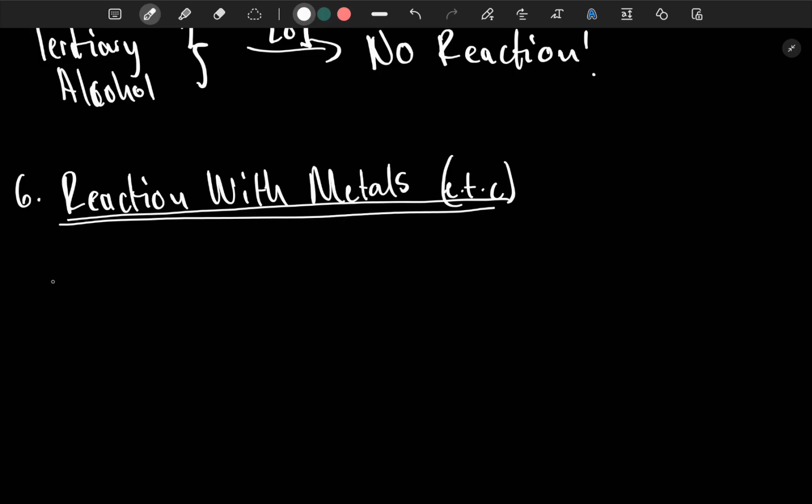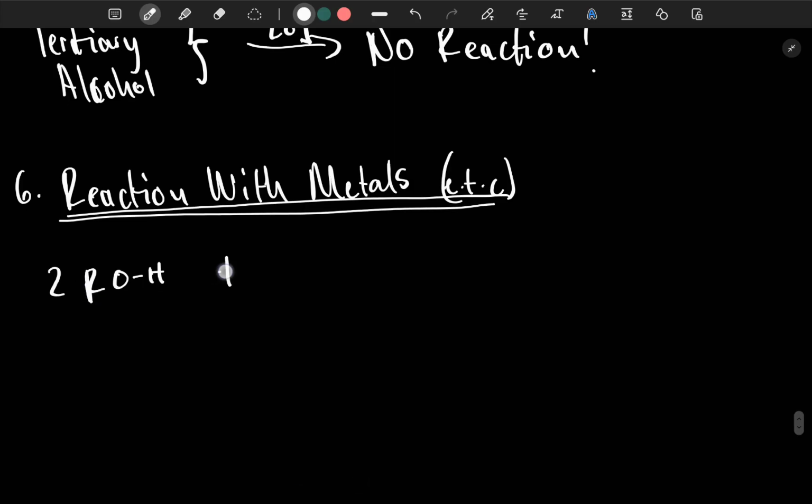So if I have my 2ROH, and I mix this with a metal, 2K, potassium, so acid, let's have it as an alcohol, plus metal, this gives me salt and hydrogen. It's like acid plus metal is equal to salt plus hydrogen. So this H goes away.